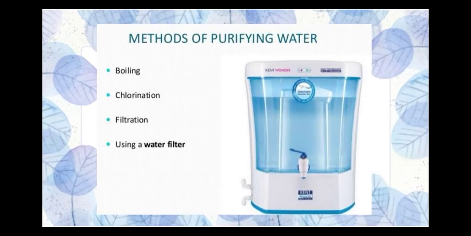Let's see some of the methods for purifying water. The first method is boiling, which we easily use in our day-to-day life for achieving pure drinking water. Second is chlorination. Third, filtration. And fourth is the modern way of filtration, that is using a water filter.